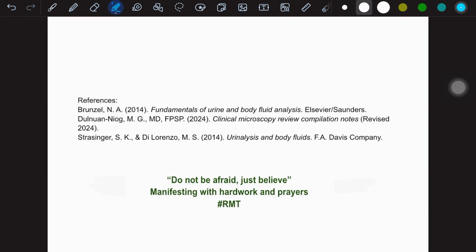Before we end this session or this lecture, let me leave another quote. It popped up while I was reviewing for my board exam. So let me share it with you.